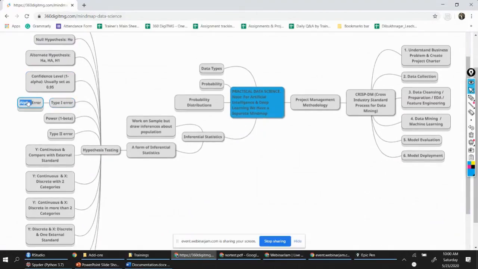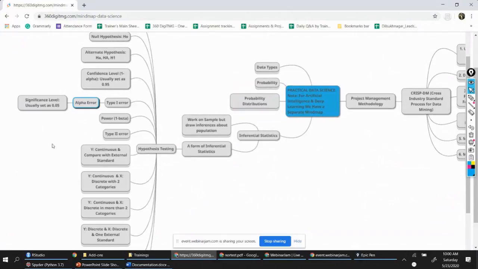But it might also be a scenario where you make a mistake. Type 1 error says, though your current condition is the right thing to do, you are going ahead and doing something different.